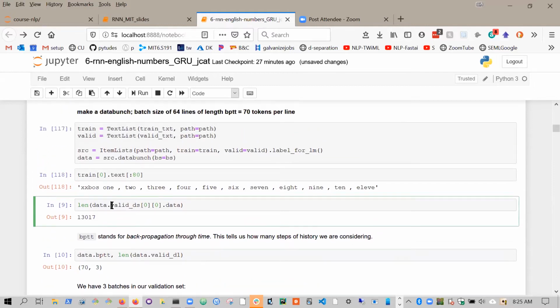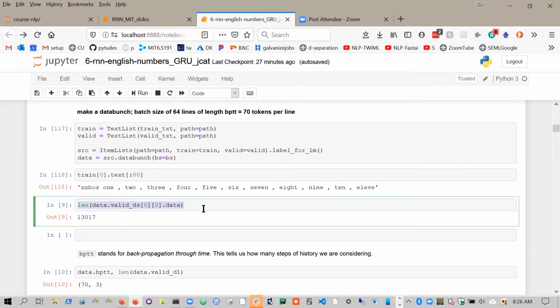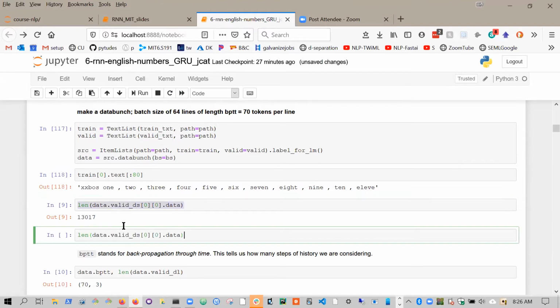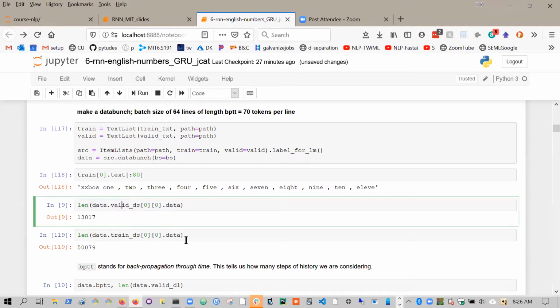We could also look at the training set. And we expect the training set to be much longer, because remember, the training set is the first 0 to 8,000, and the validation set is 8,000 to 9,999.